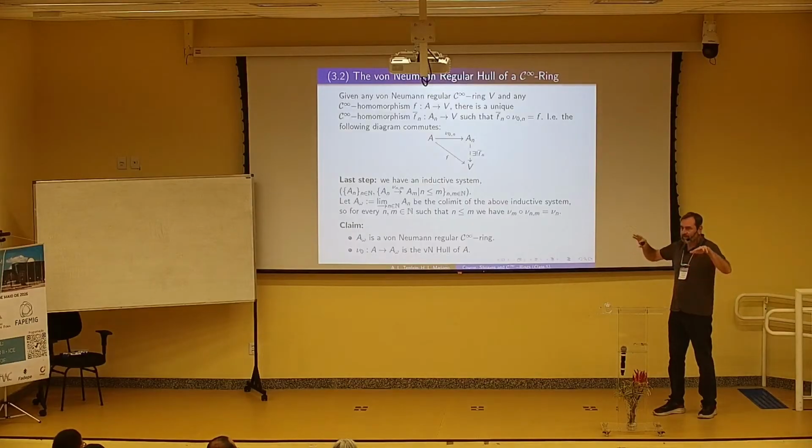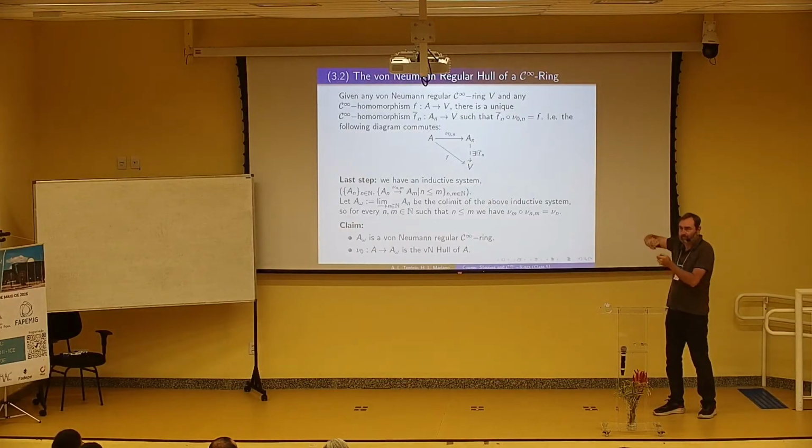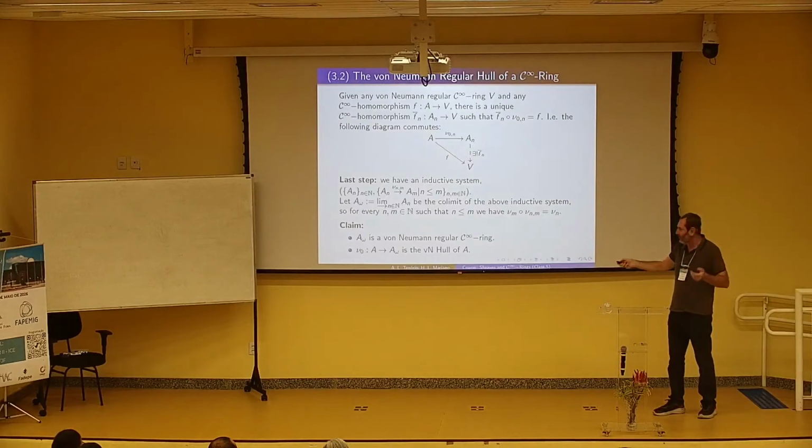Se você pega alguém em algum dos estágios, no estágio seguinte você tem as testemunhas para os inversos formais. Mas alguém no estágio seguinte também é representado por alguém do colimite. Então, no colimite, todo elemento tem de fato um quase inverso. Então, esse é um anel fonema regular.